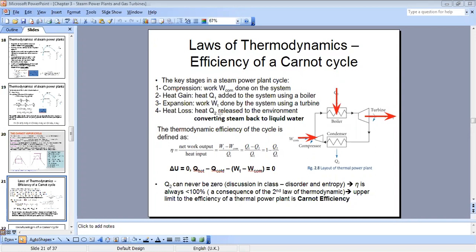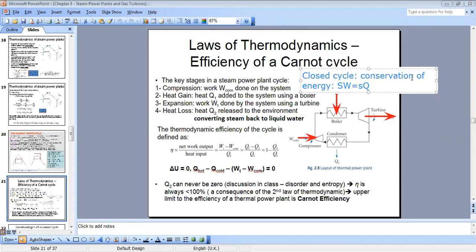Since it's a closed cycle, from conservation of energy I have the following, that the sum of work equals the sum of heat, because what is coming in is equal to what is going out.